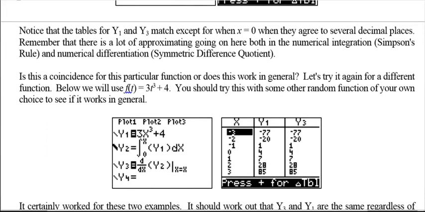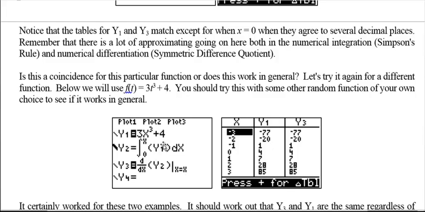Now, what if we change the original function to something else? Let's say 3x squared maybe plus 4. Did that change anything? Well, it certainly may change the values of y1, but notice the values of y3 were changed accordingly. Okay? Why don't you try this with some other function?